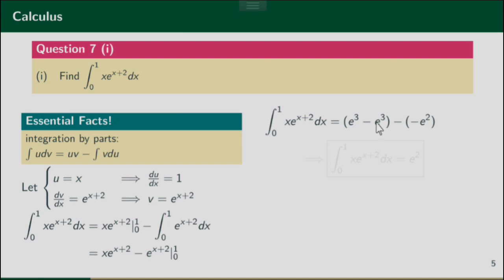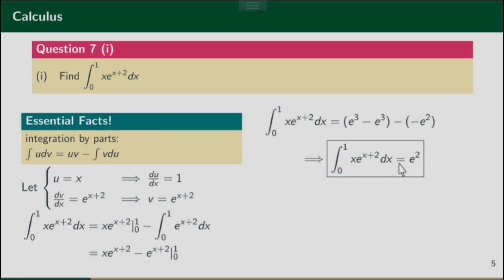So e cubed minus e cubed. Then take away the lower limit. So I take 0 and I plug it into the entire function. And replacing x here with 0, this term vanishes. And replacing x with 0, I have 0 plus 2, that gives 2. So I have minus e squared. And this term gives 0, negative times negative gives positive. So that integral is simply e squared.